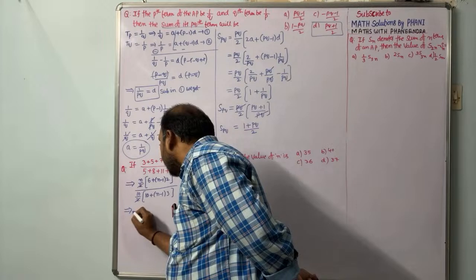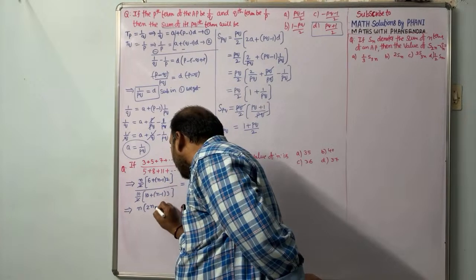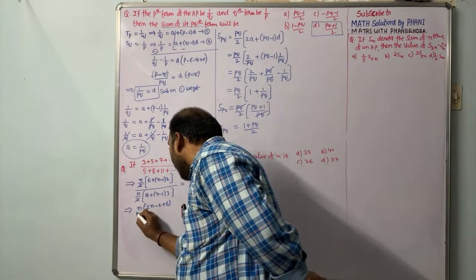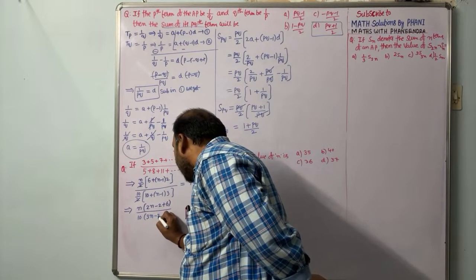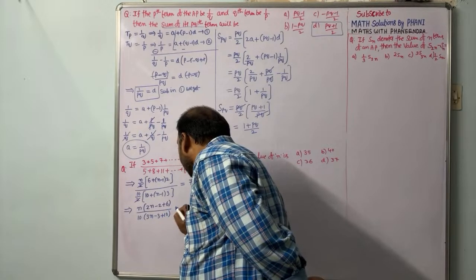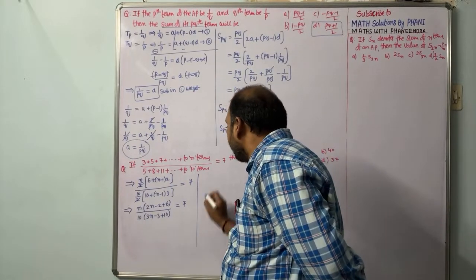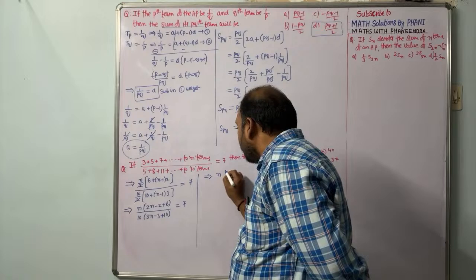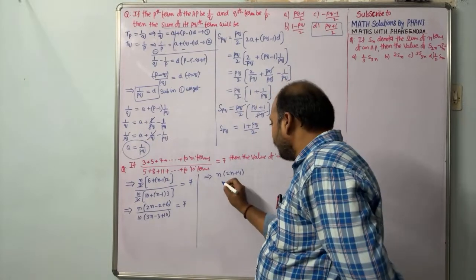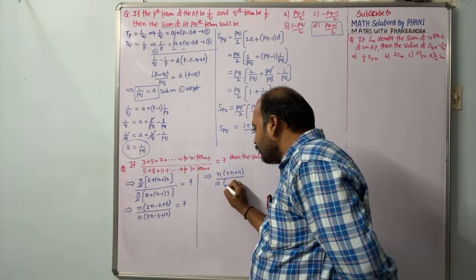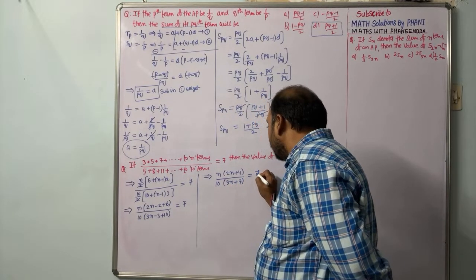That implies n into (2n minus 2 plus 6) divided by 10 into (3n minus 3 plus 10) is equal to 7. That implies n into (2n plus 4) by 10 into (3n plus 7) is equal to 7.